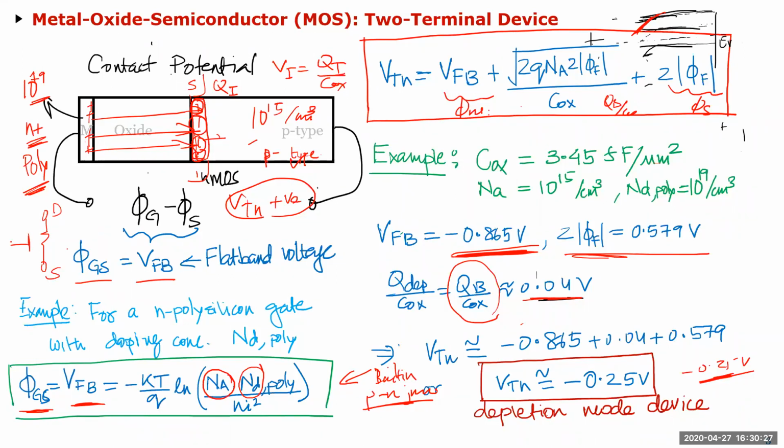Then I'm going to have another terminal, which I'll call gate. And through this gate, with respect to the source voltage, I want to control the conductivity. But if I put n-type here, then it will be conducting all the time. So I have to put immobile charges so that it's not conducting in this direction, but it allows me to have a higher VT voltage.